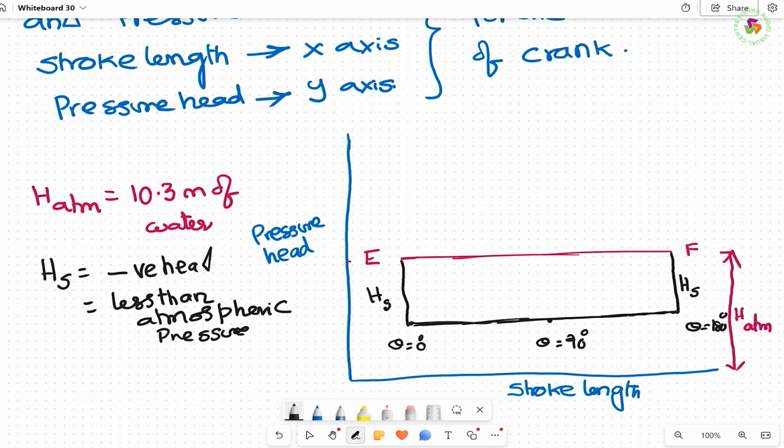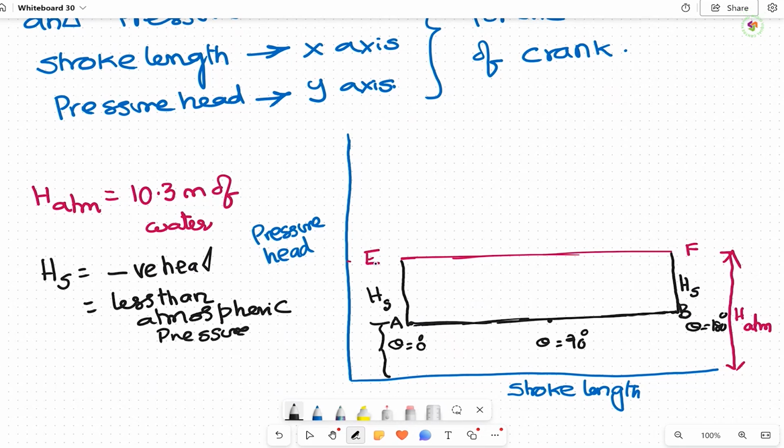Suppose you want the absolute pressure head. In terms of this, HS is the negative pressure head, whereas the absolute pressure head is H atmosphere minus HS. H atmosphere minus HS represents this, which I call AB.